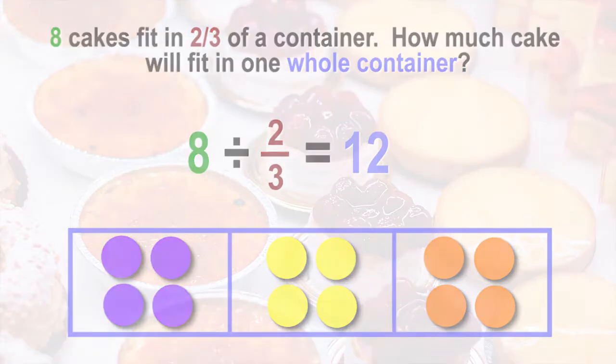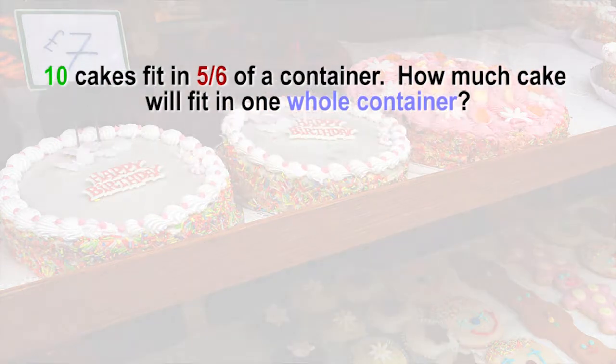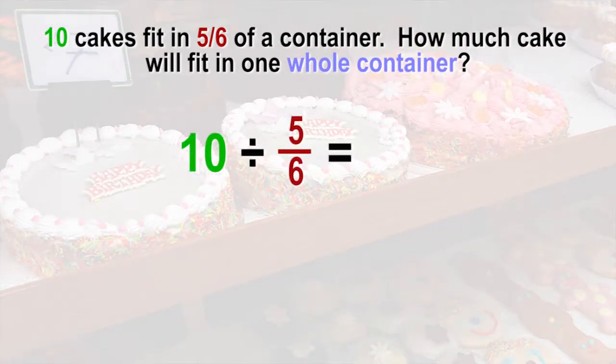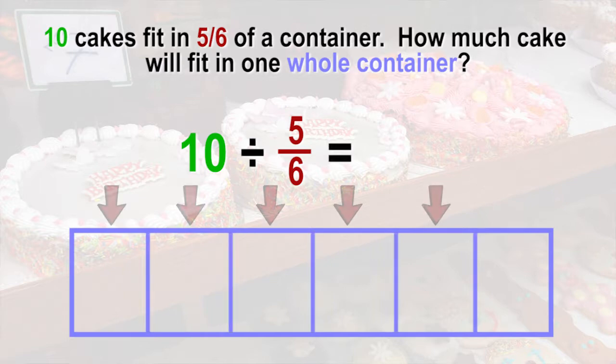Let's solve one last problem. 10 cakes fit in 5/6 of a container. How much cake will fit in one whole container? How much is in the whole container when 10 is distributed into 5/6 of the container? To solve this problem, let's draw a container divided into 6 sections. The 5/6 is represented by 5 sections.